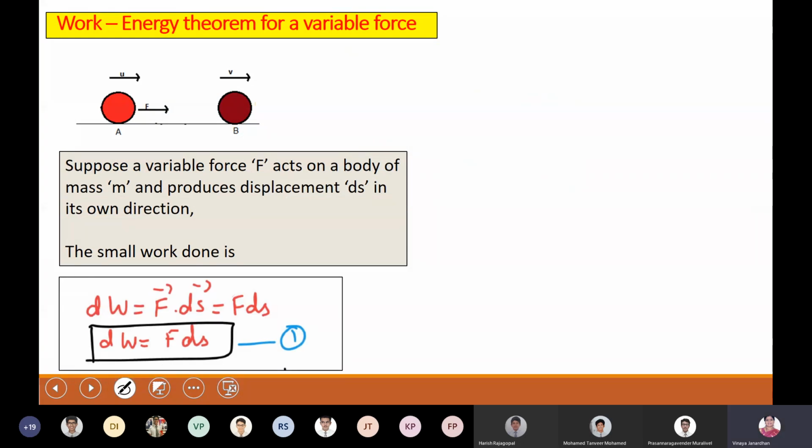So dW is equal to F ds. I've used ds itself. Ma'am, should we write this? Yes, be a bit fast. dW is equal to F ds. Though the force acting on the body throughout the journey is a variable force, when the displacement is very small, you are considering the force to be almost a constant.